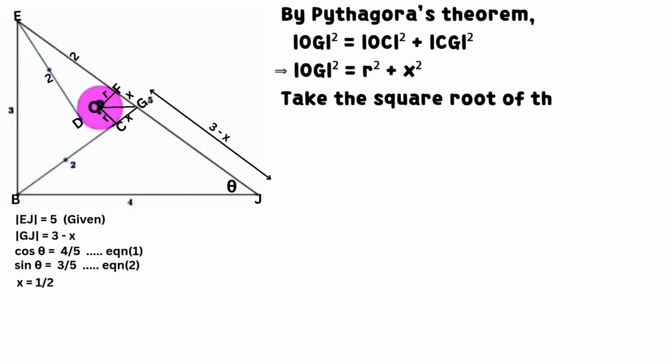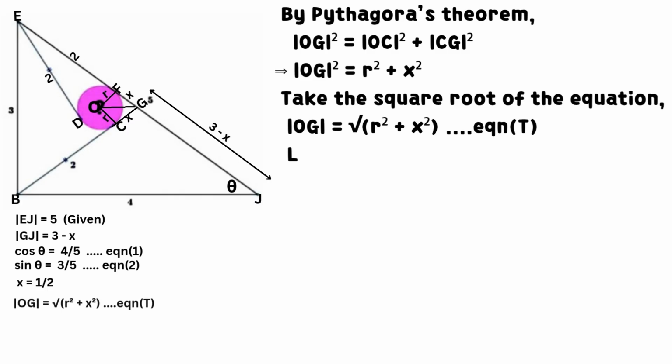This implies that the square of OG equals the sum of the square of R and the square of x. Take the square root of the equation. We have that OG equals the square root of the sum of the square of R and the square of x. We call it equation 3.